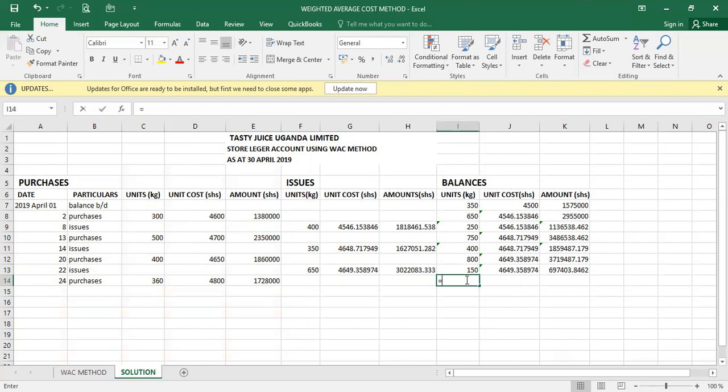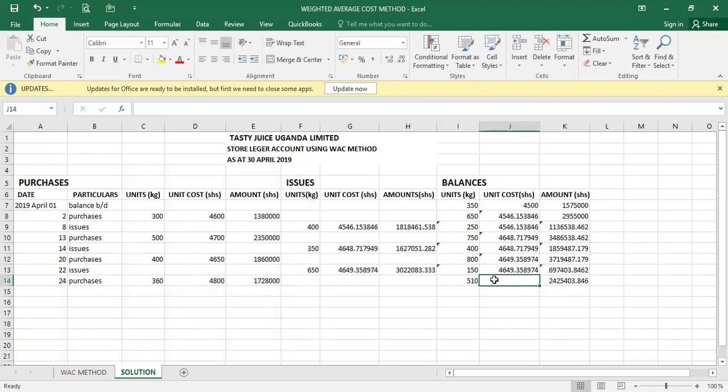Then here it will be equal to this plus the number of units we've purchased, and our inventory will be 550. What will be the cost? The total cost will be this plus this.